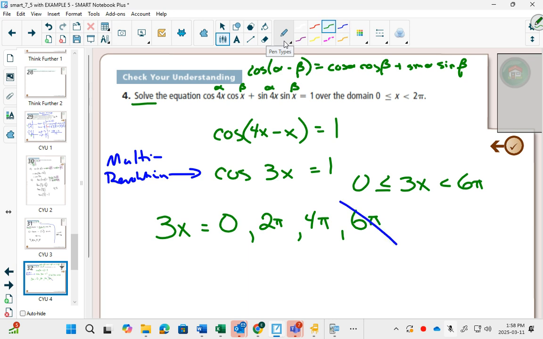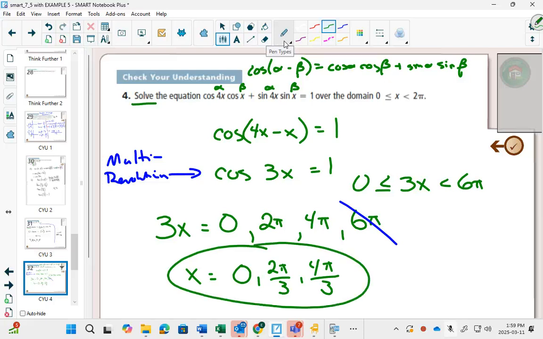We have to take that one out because it wasn't included. So 0 and 2 pi, second time around 4 pi, third time around we'd have 6 pi, but 6 pi wasn't included. Then, if I wanted to find out what x is, I take each of these and divide by 3. And that gives us a final answer between 0 and 2 pi.